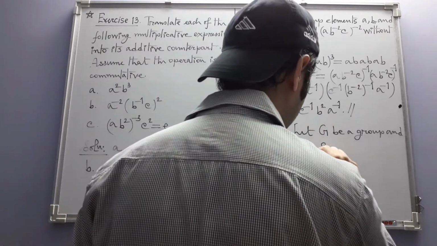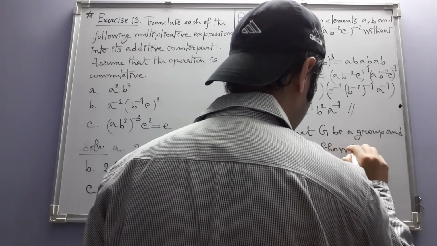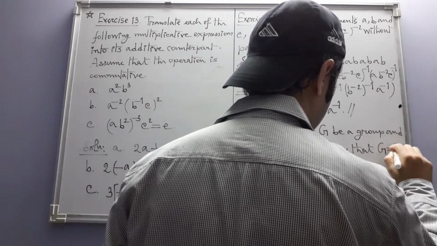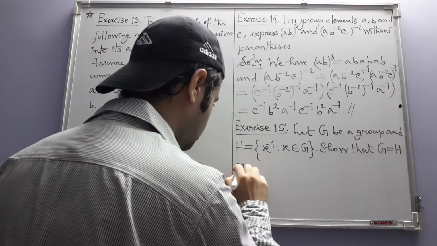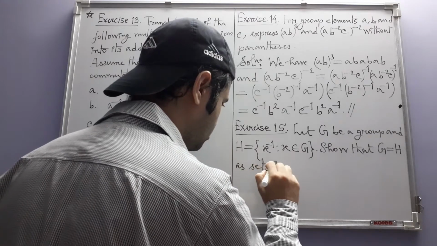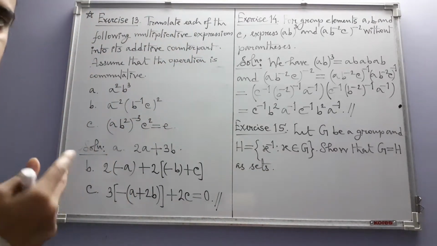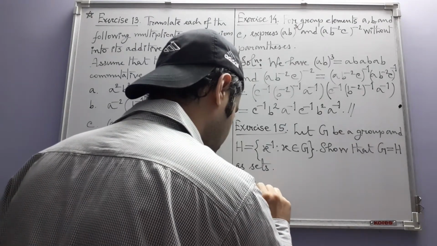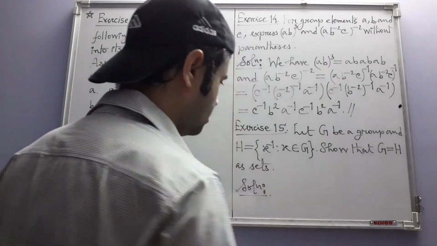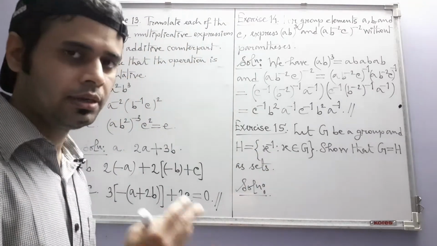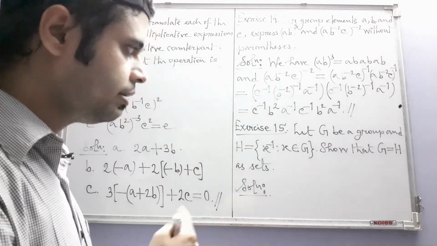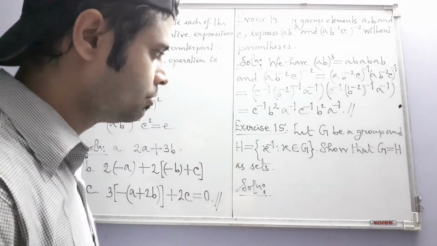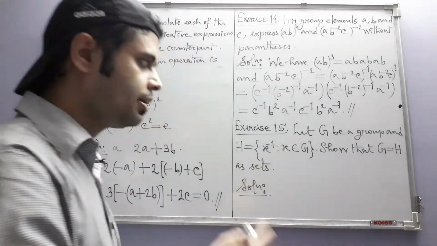Show that G is equal to H as sets. As sets, they will be equal. Since the inverse of every element in G is again an element in G, which is coming from the axioms, the fourth axiom of a group, H is already a subset of G.